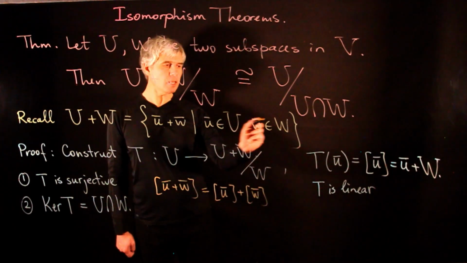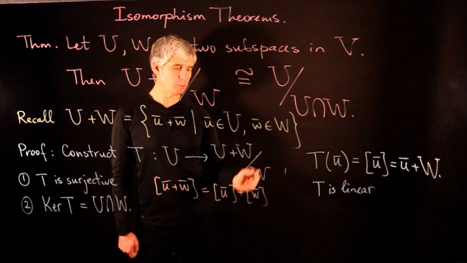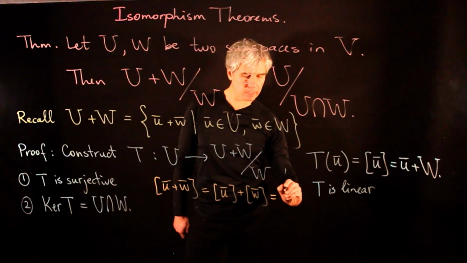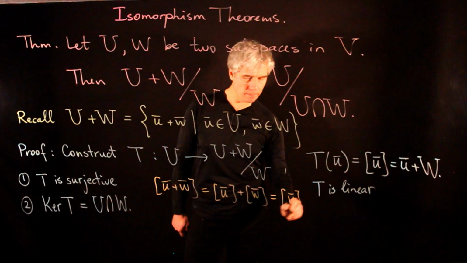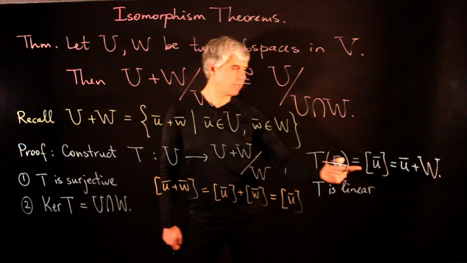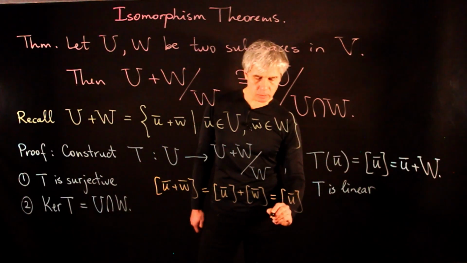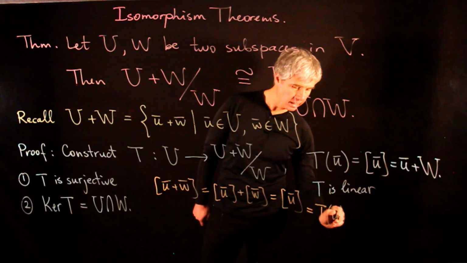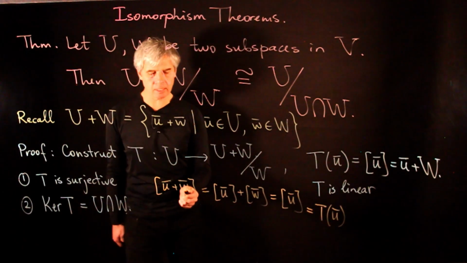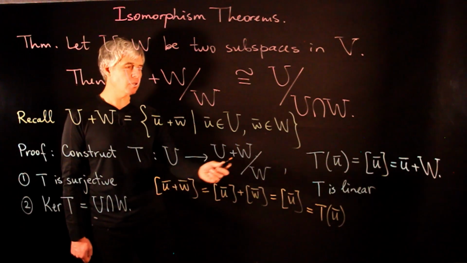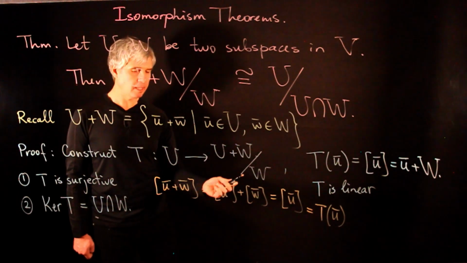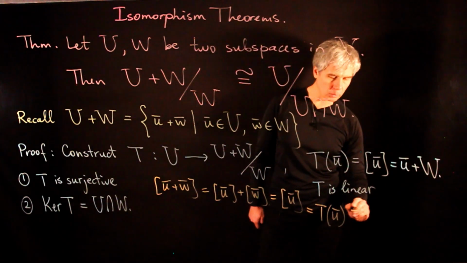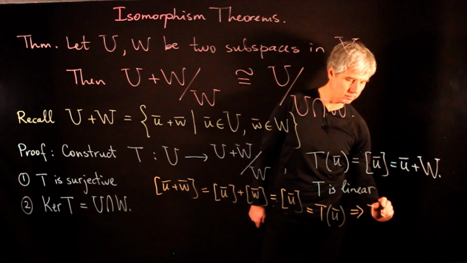But the vector w belongs to the subspace W, so this class is equal to 0. And so we have just the class of u, but by the way T is defined, the class of u is equal to T of the vector u. And so we see that an arbitrary vector in this quotient space has a pre-image under transformation T. So from here it follows that T is surjective.